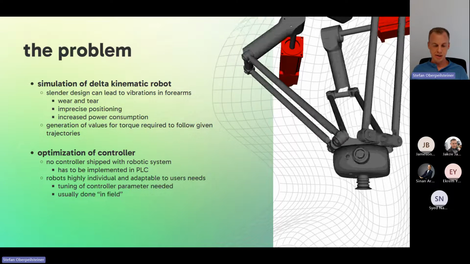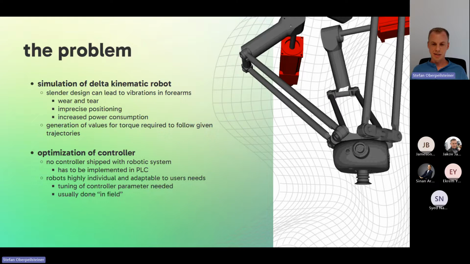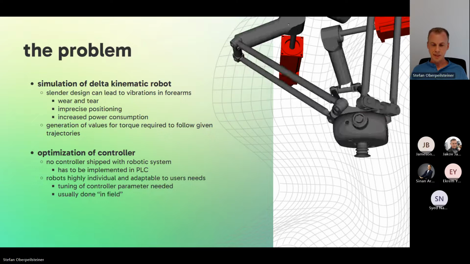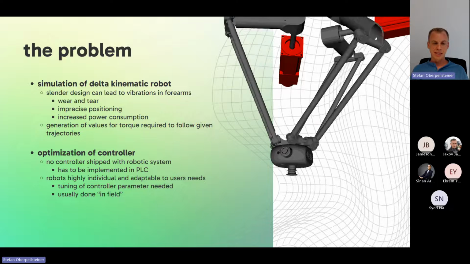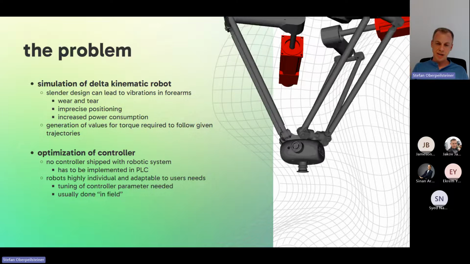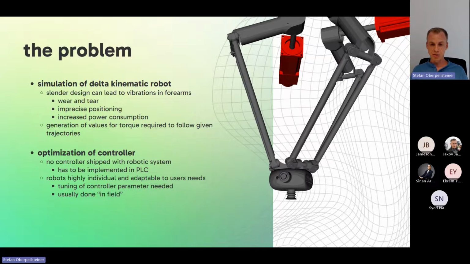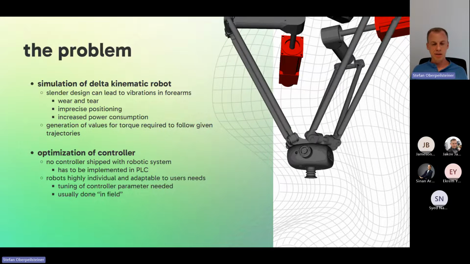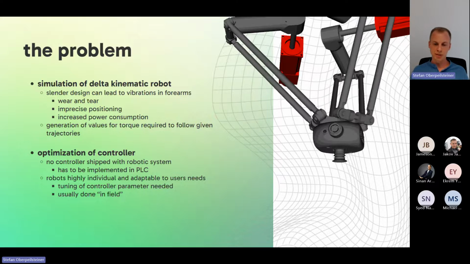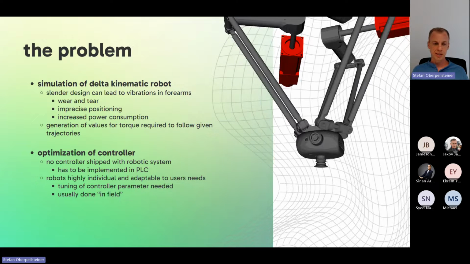So these tubes are not made out of metallic material, but of composites. That means when you have some fast motion and high dynamics, you probably get some vibrations due to this construction. And vibrations may lead to wear and tear in probably joints or any other interfaces.